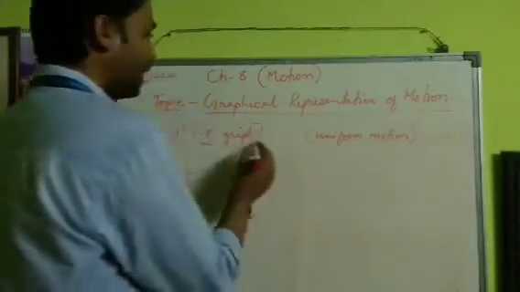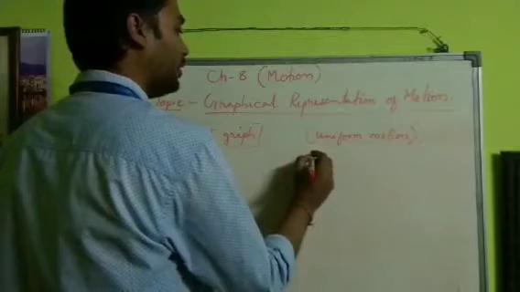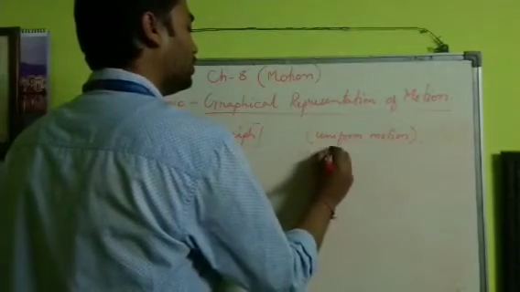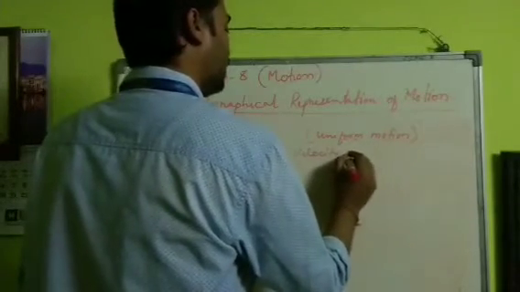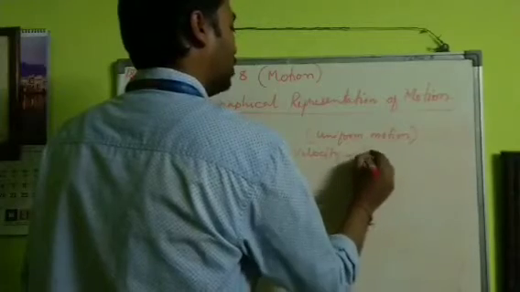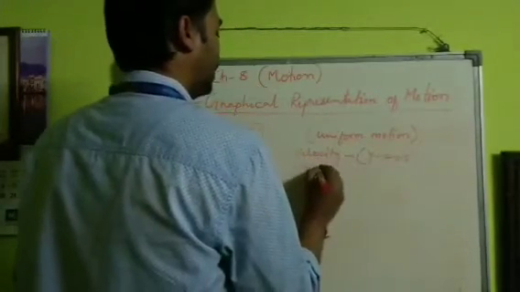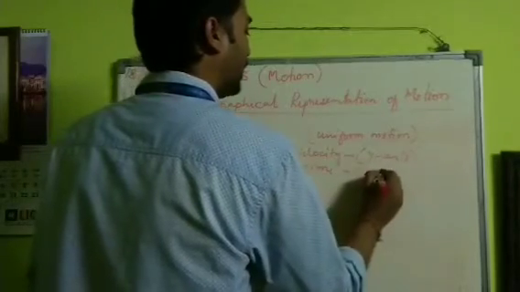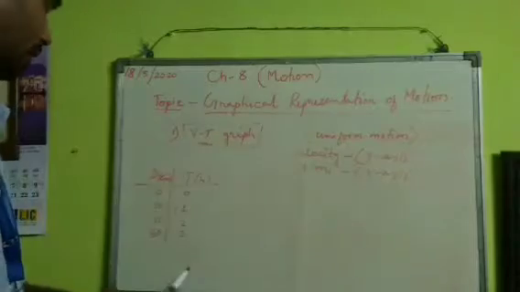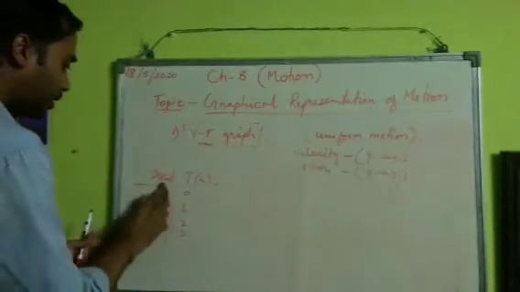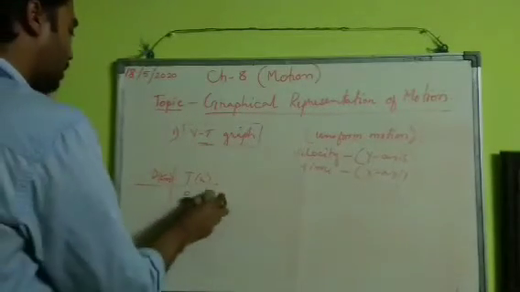So velocity time graph, what we will take? Velocity, we will take along y-axis, and time we will take along x-axis. Now let us take the values here.